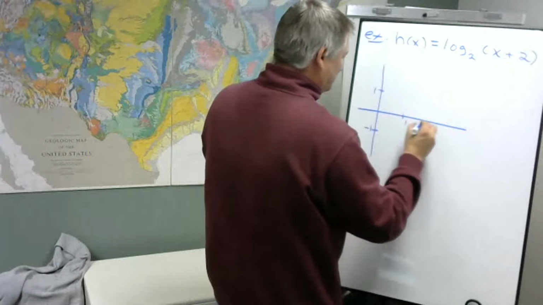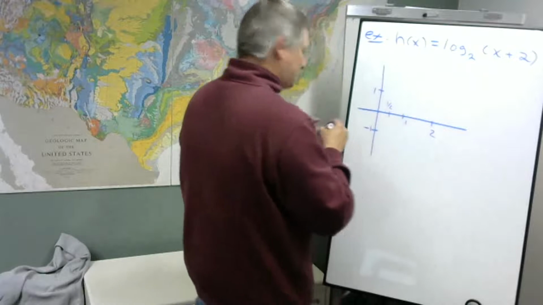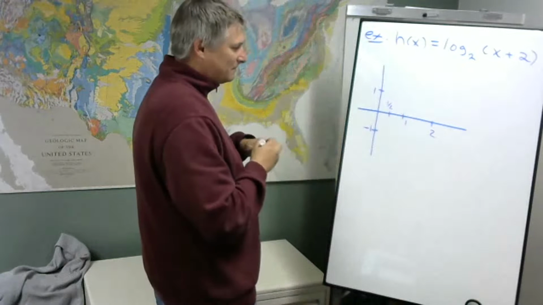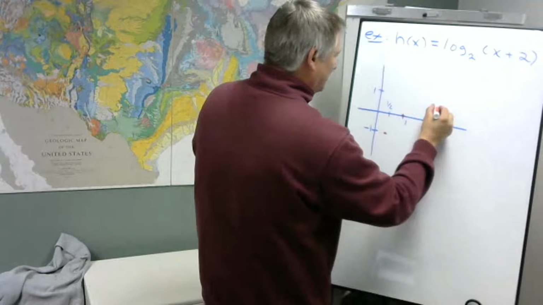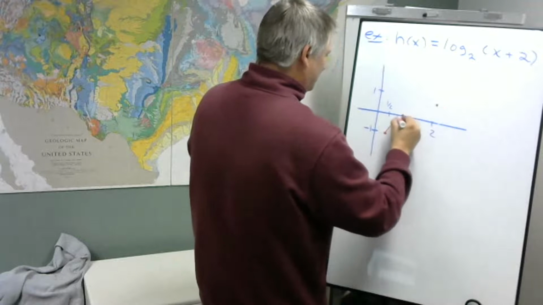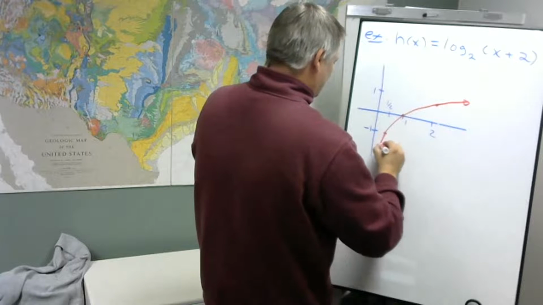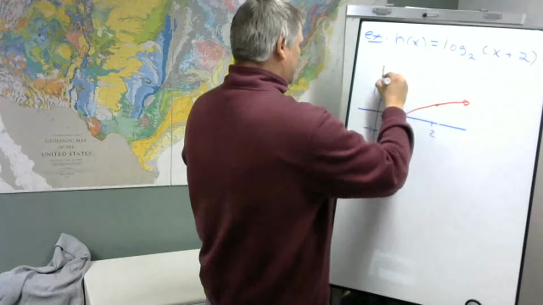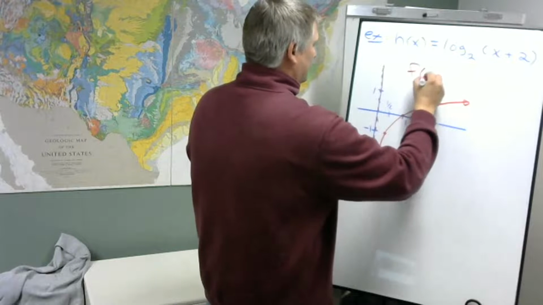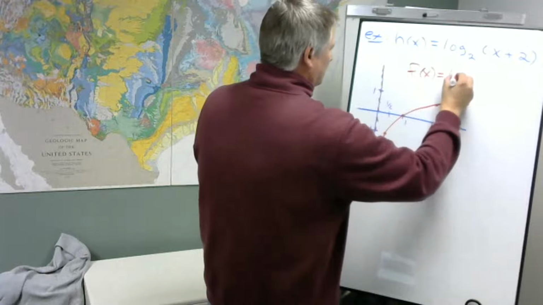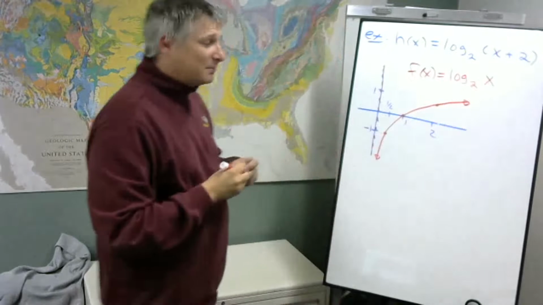So we have 1, 2, and then a half as our inputs. So we have a point here, here, and here. And there's a base function.